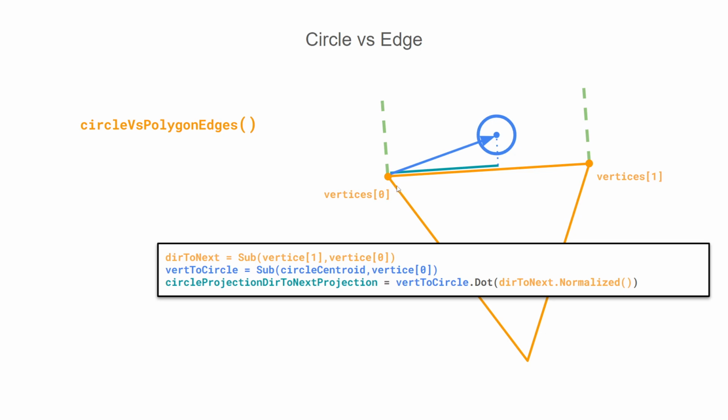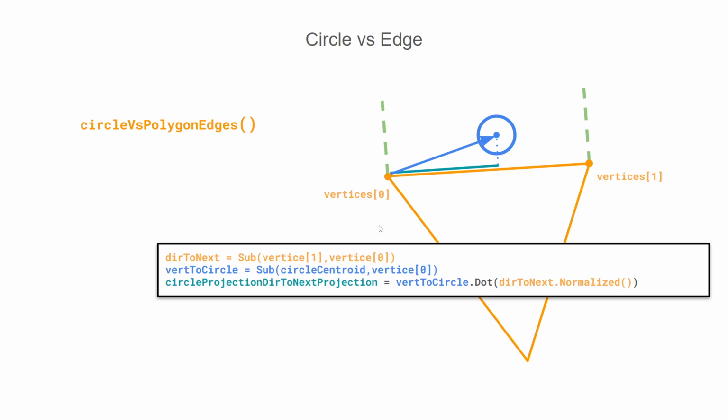Okay, so how can we calculate these things for this case? We're going to use again the dot product. First, we are going to create a direction vector from the first vertice to the second, and we can calculate this like this.